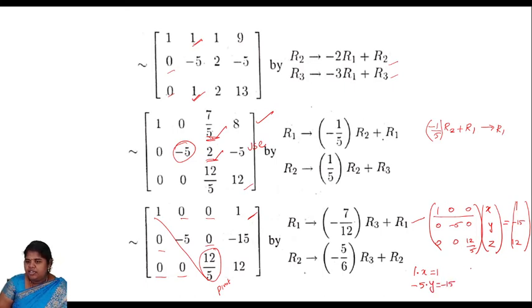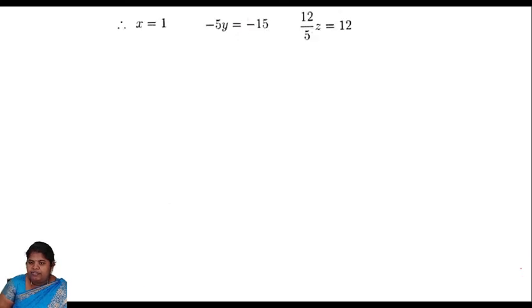And from the third row, 12 by 5 z equal to 12. So the value of x is 1, value of y is 3 and value of z is, if we take this term to right side, we get 5 by 12 or 1 by 5. Sorry, 5. Value of z is 5.